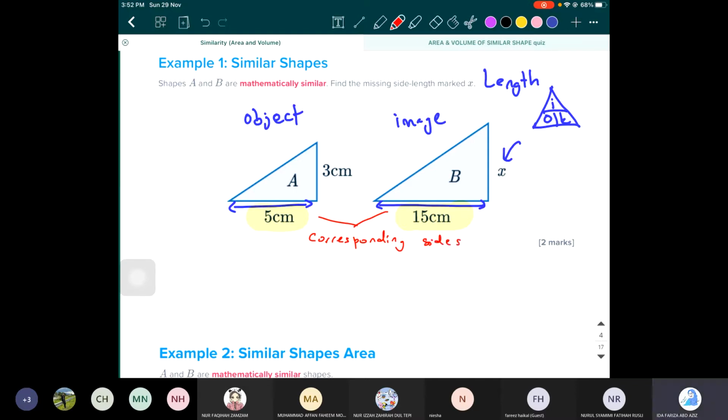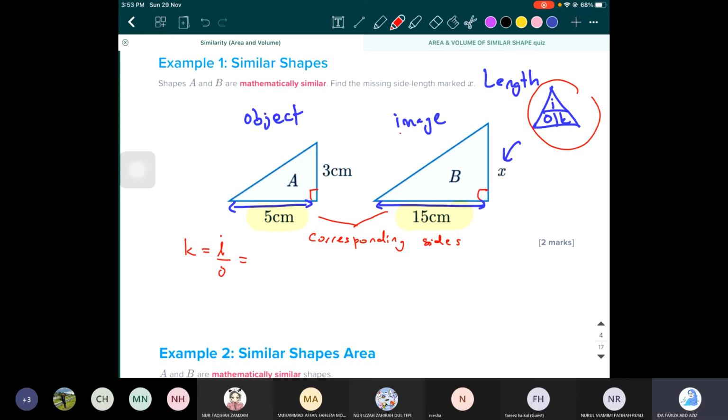Corresponding sides. Sisi yang sama. Kita boleh compare dia. Okay. So from here, first step, macam mana nak guna piramid ni, kita akan cari K dulu. Every time you nak jawab soalan similar, area ke, length ke, volume ke, cari K dulu. That's the most important thing. Find your scale factor.